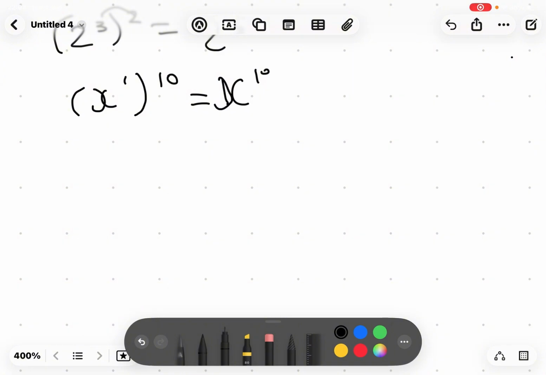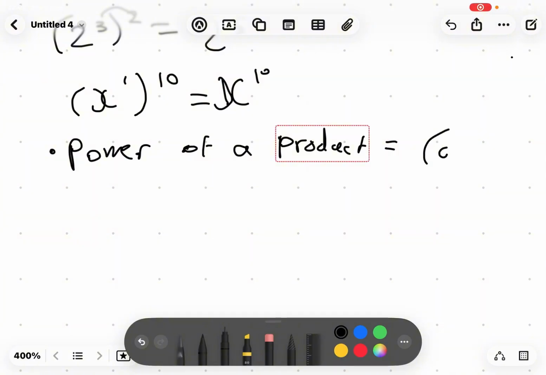Now let's talk about something similar, power of a product. This time, in brackets there are 2 numbers, and that means the exponent goes to both numbers and they are then multiplied.